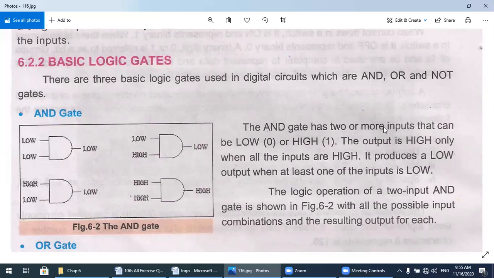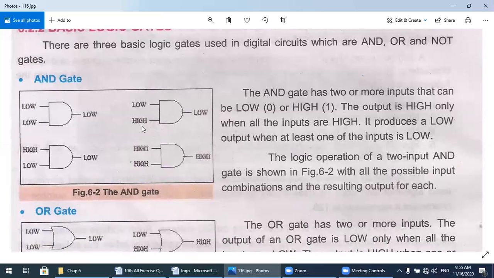The AND gate has two or more inputs that can be low, meaning zero, or high, meaning one. So I can represent 0 0 0, 0 1 0, 1 0 0, and when the input becomes 1 and 1, its output should be 1. The logic operation of the two input AND gate is shown in figure 2.6.2.